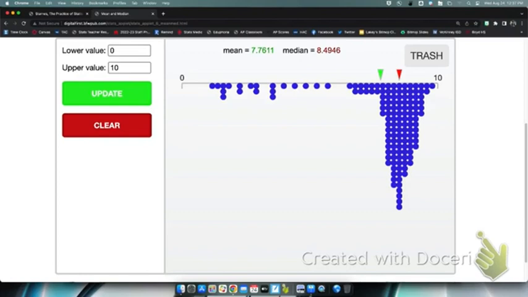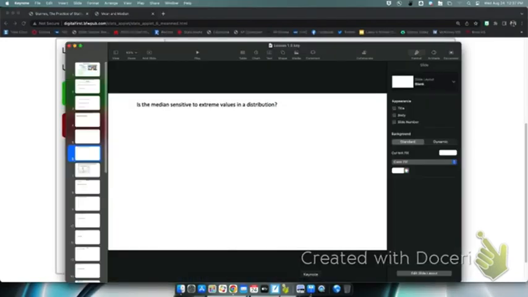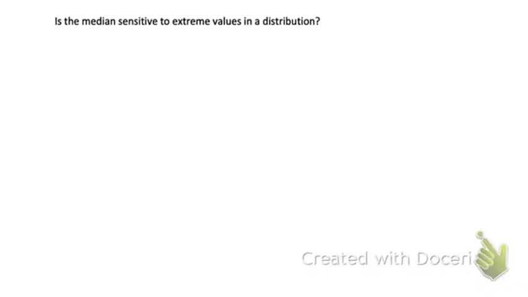Okay? So we're going to summarize all that and draw a little picture, or you can just write it out, your call. So here is what we have. We had an approximately symmetric distribution.